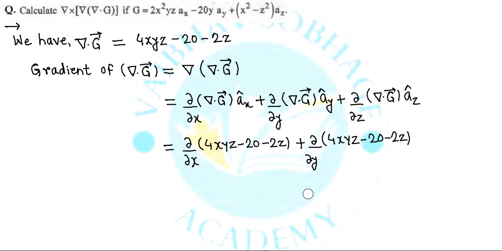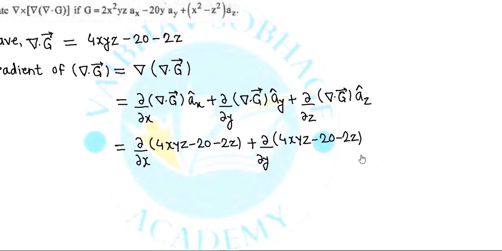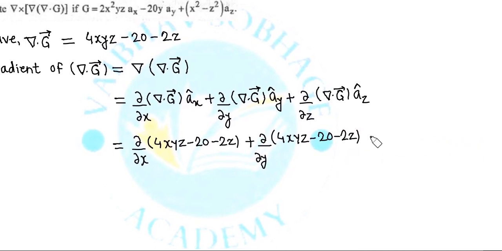Let me rewrite it again so that students do not get confused. We have d by dz of the divergence, 4xyz minus 20 minus 2z, along az direction.